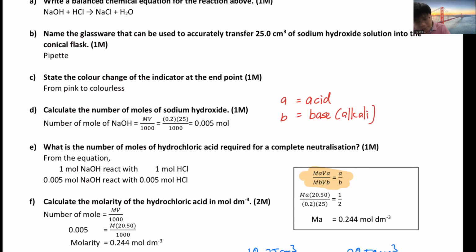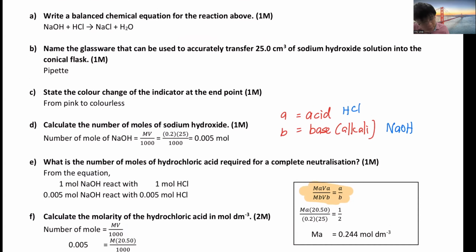For this question, the acid is HCl and the alkaline is NaOH. So the ratio between this one and this one: a equals 1, b equals 1. So the ratio is 1 to 1.